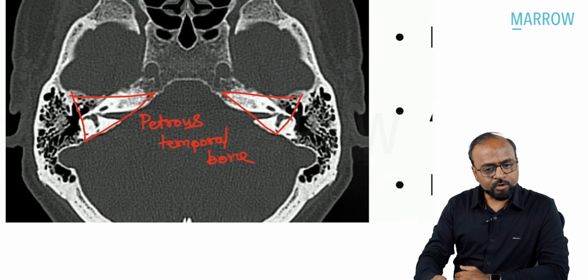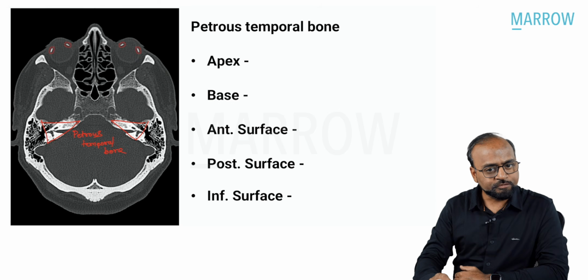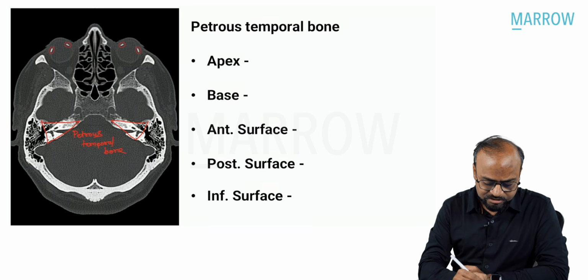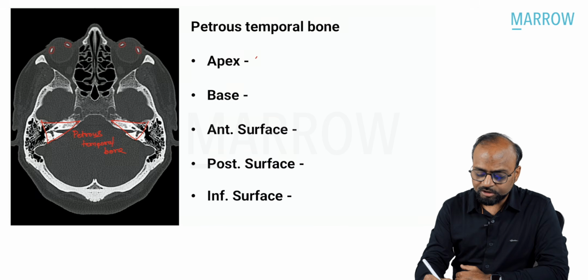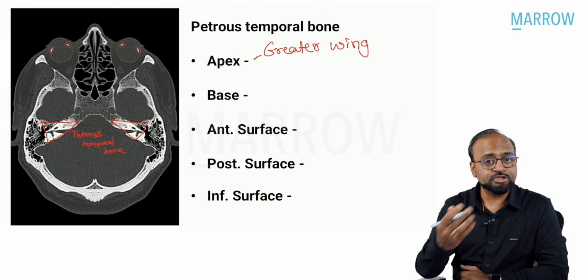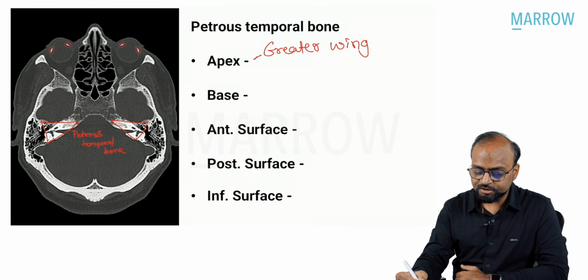Now, if we look at the various anatomic aspects of the petrous temporal bone, the apex is pointing medially, and this apex is basically going to articulate with the greater wing of sphenoid as well as the basi occiput.